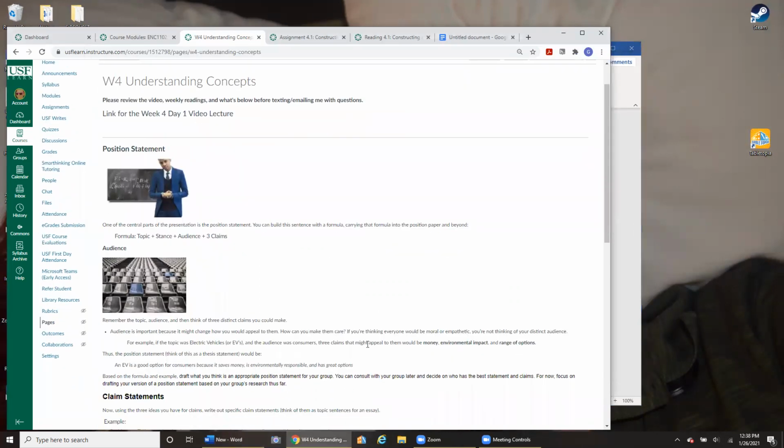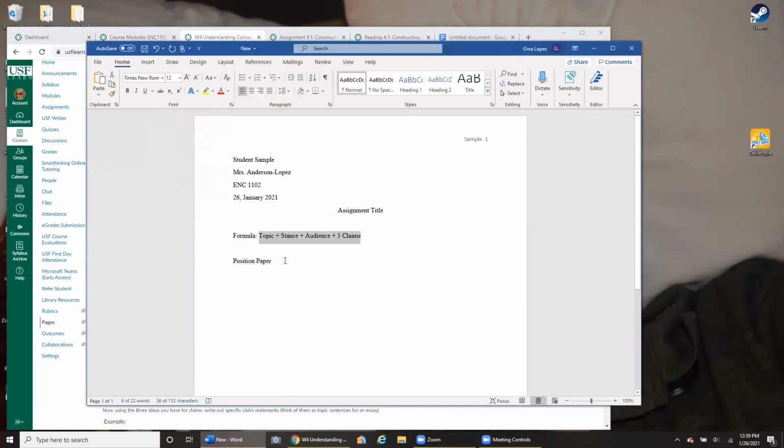If you were to write a position statement that really has nothing to do with schools, but is a good sample for utilization of that formula, it would look something like this: use an option for consumers because it saves money and it's environmentally responsible and has great options.